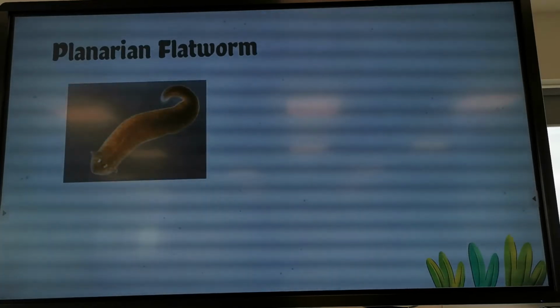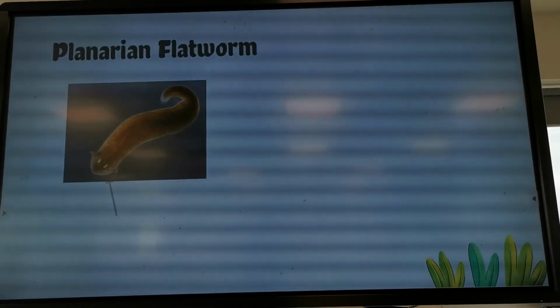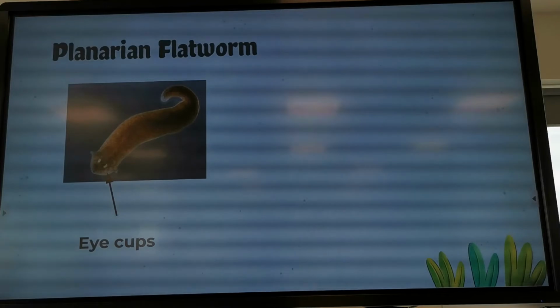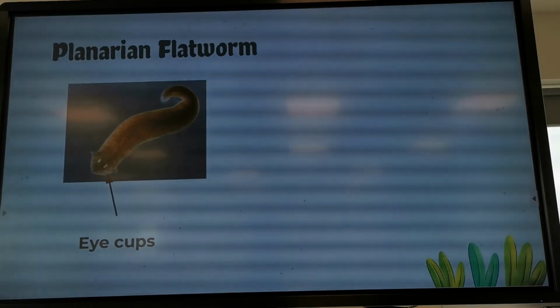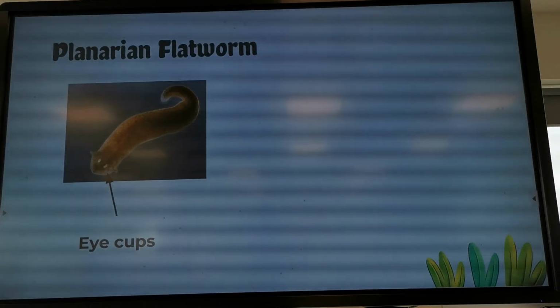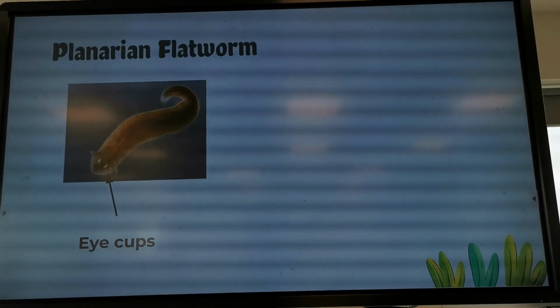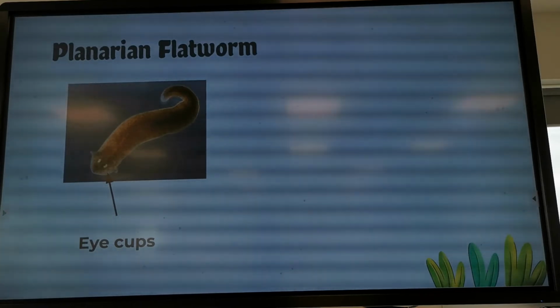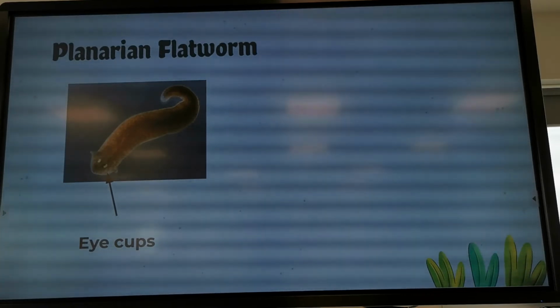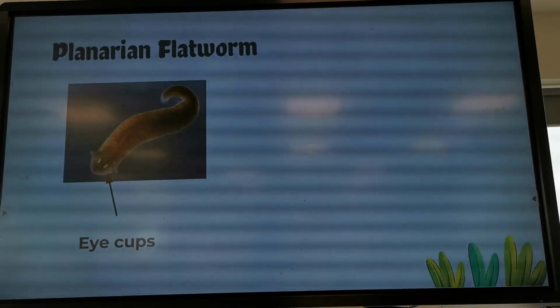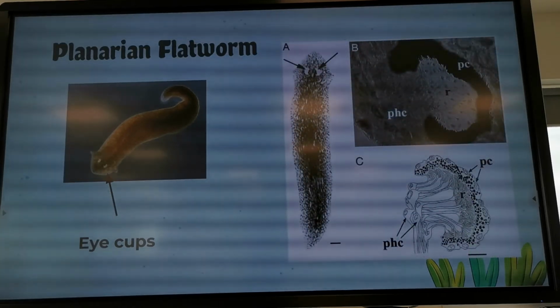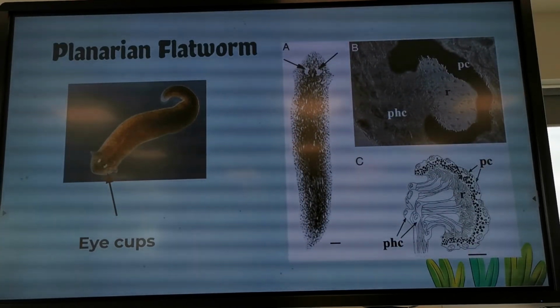So this is a planarian flatworm, and you can see just there its little eye cups. So it looks a little bit cross-eyed, doesn't it? But those are basic eye cups, and we still get flatworms today. They're still found in water and in different types of environments and stuff like that. But the way their eye cups work is you've got the PHC.